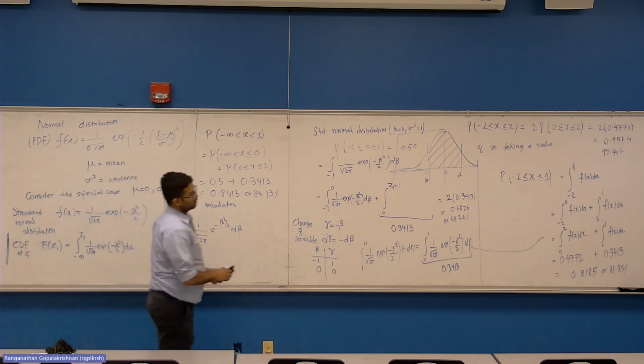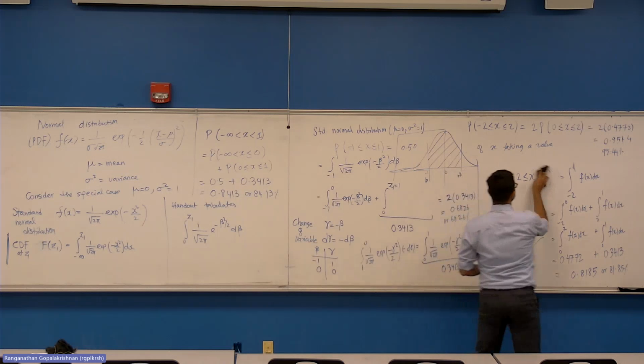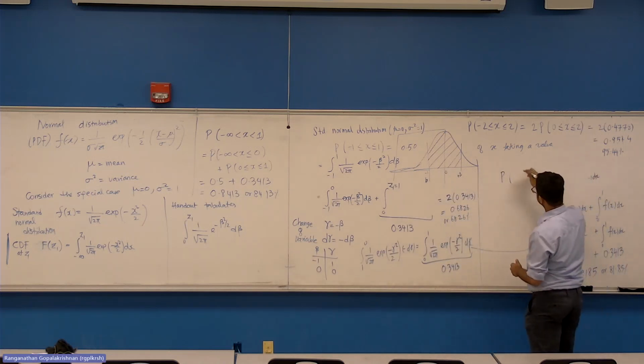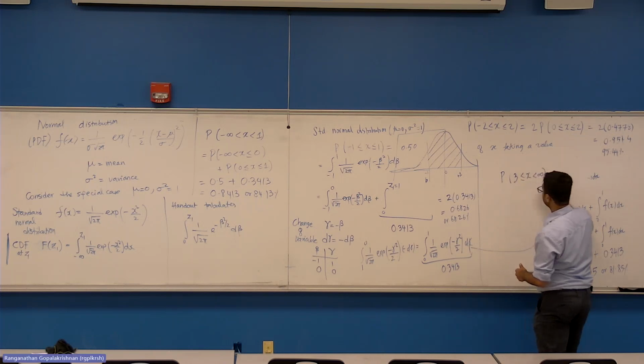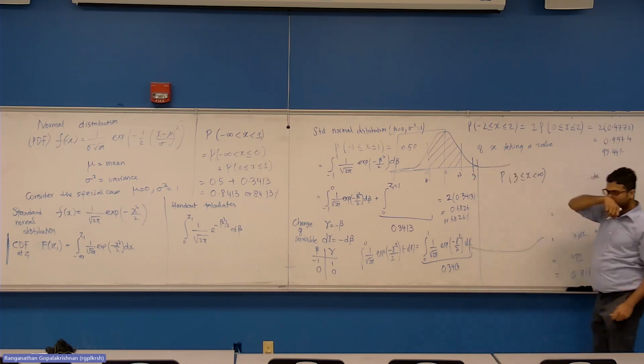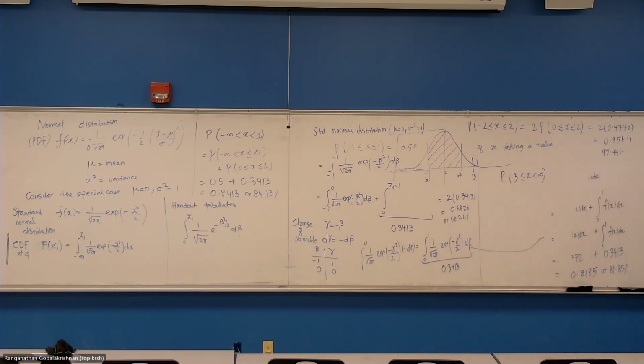One more problem like this. What is the probability that the value of x is between 3 to infinity? Everything starting at 3 and to the right of it. What is the probability of x assuming values 3 or above?